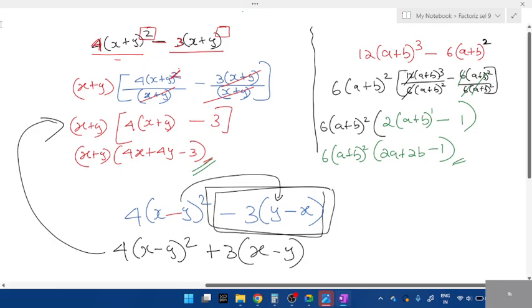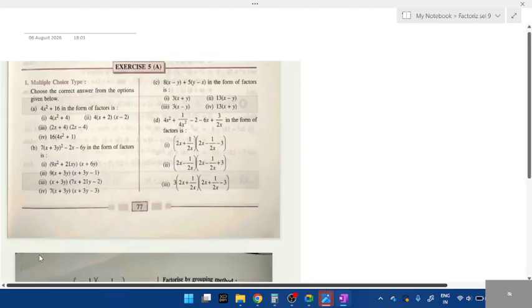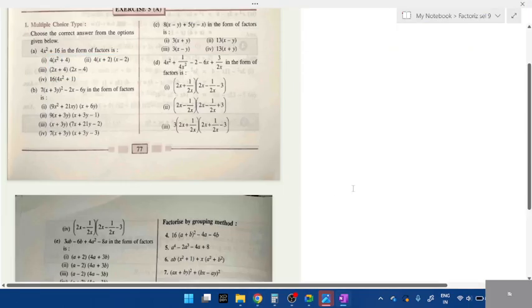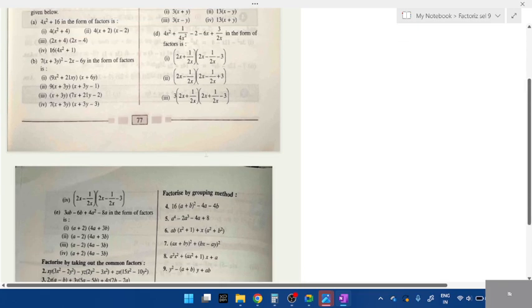Any doubts? Shall we start solving? Okay, look at the first question in your text. Okay, look at the second question, students. Where is it?